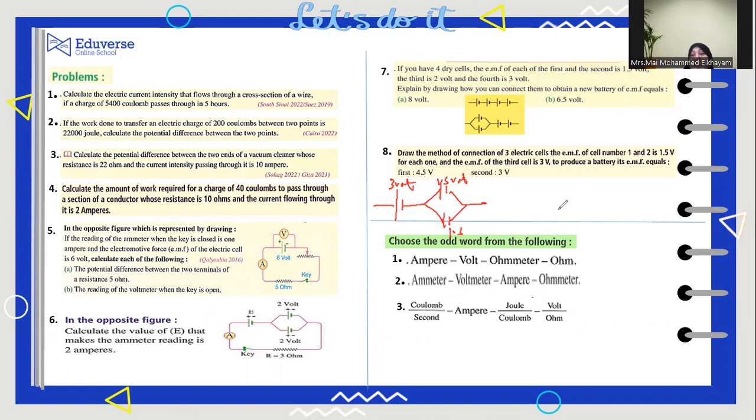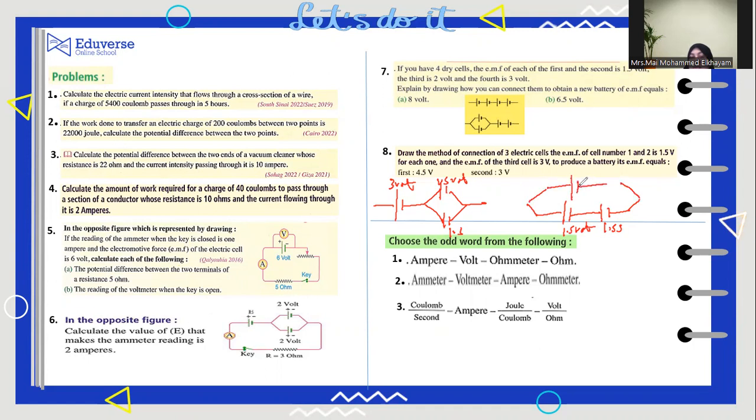How is that? Pay attention to this. Both of the 1.5 volts can be connected in series to get what? Both of them, 3. So this is 1.5 volt, and this is 1.5 volt. Okay. What else? This is a trick here.